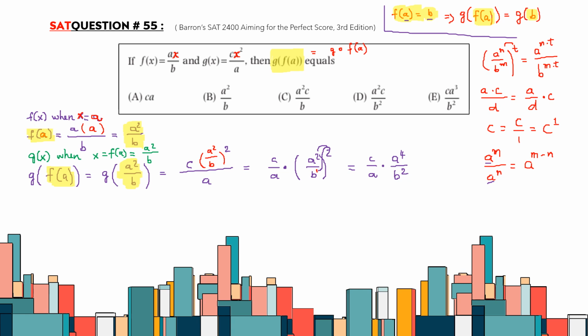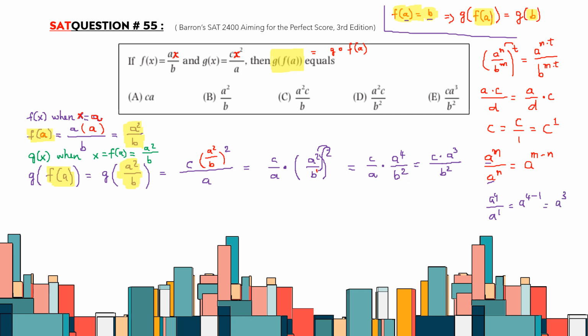So we have this one as c over b squared times a cubed, because a to the power of 4 over a is a to the power of 4 minus 1, that is a cubed.